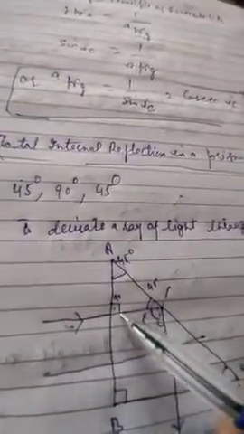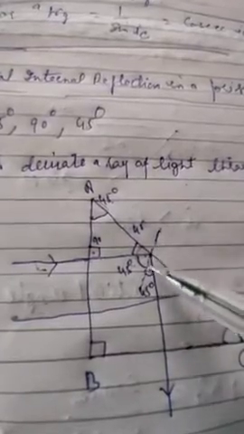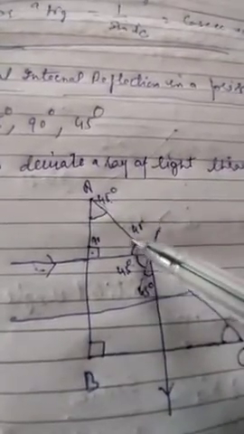This is the normal ray striking the surface AB and passing undeviated and striking the other surface AC. When it strikes, it will form a normal here. Normal means this complete angle is 90 degree.